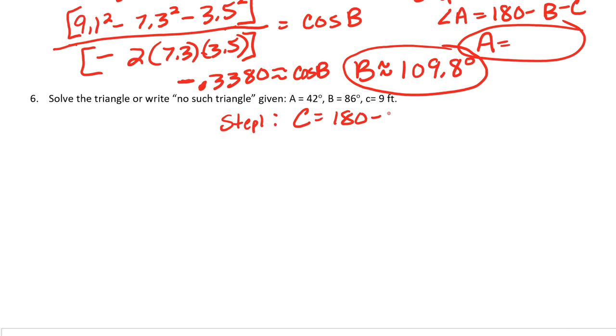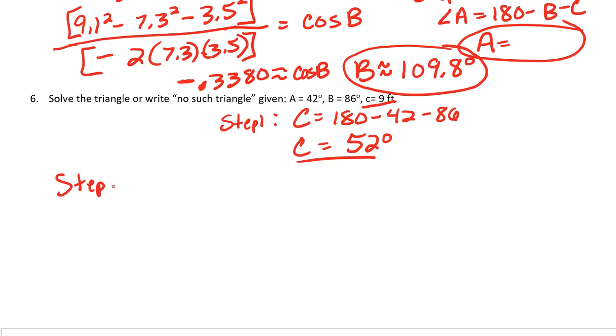So by a very quick subtraction, if you're given two angles, that's the same thing as giving you all three angles. So our angle C is 52 degrees, and now we are free to use law of sines.